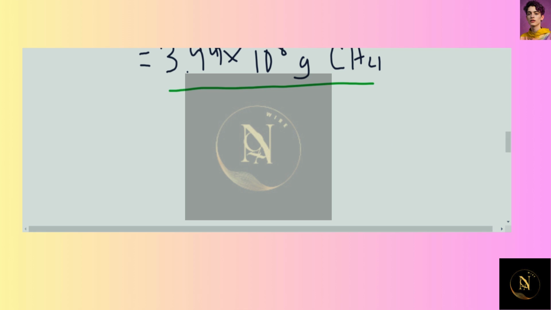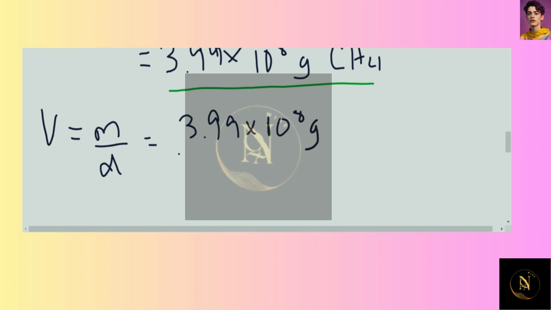And we can go ahead and use the density equation to find our volume. So V is equal to our mass divided by our density. So we have our mass that we just calculated, and then the density that was given to us back in one of the other parts previously, 0.72 grams per liter.